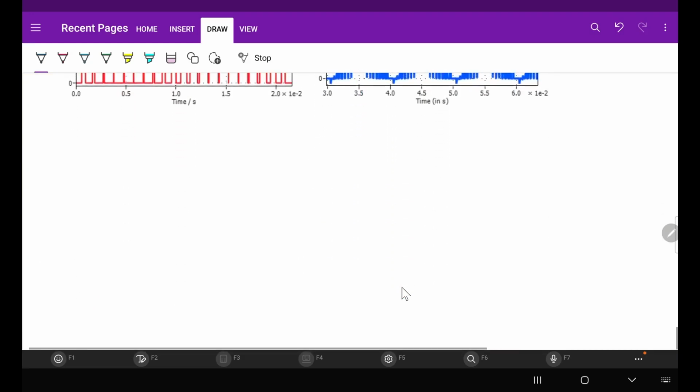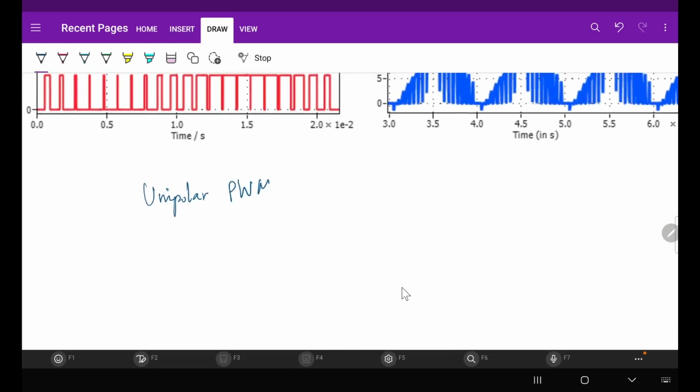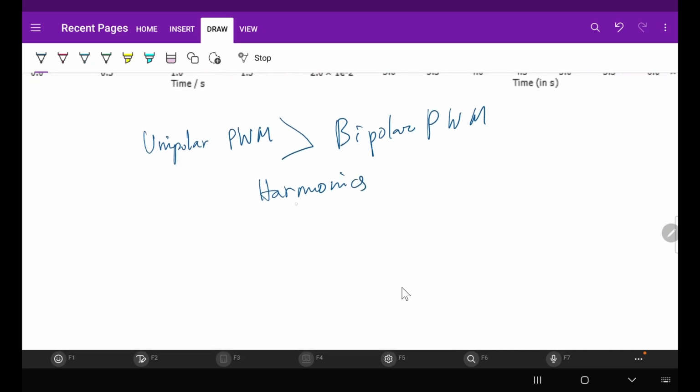Unipolar PWM output we have also seen until this much. So unipolar and bipolar, if we have to compare, let me just compare that. Unipolar PWM is better than bipolar PWM in terms of harmonics. If you compare the harmonics count, the harmonics count is always less in unipolar PWM.